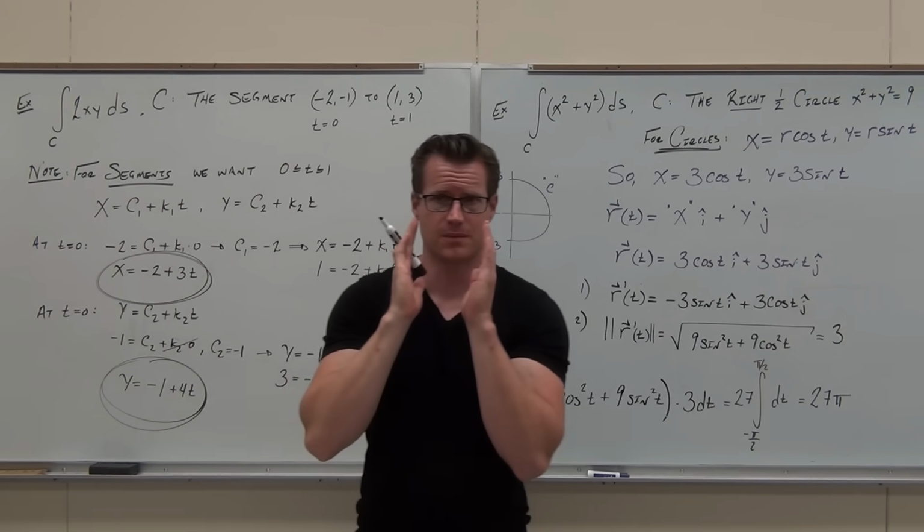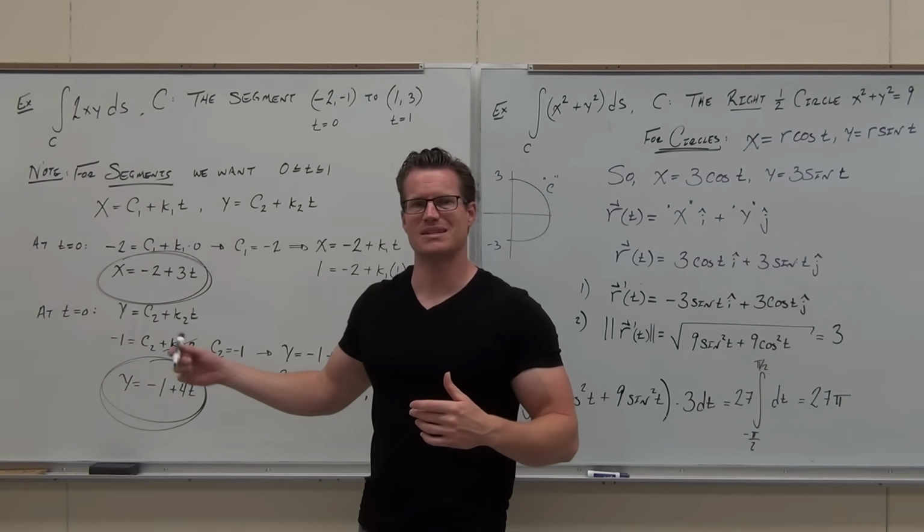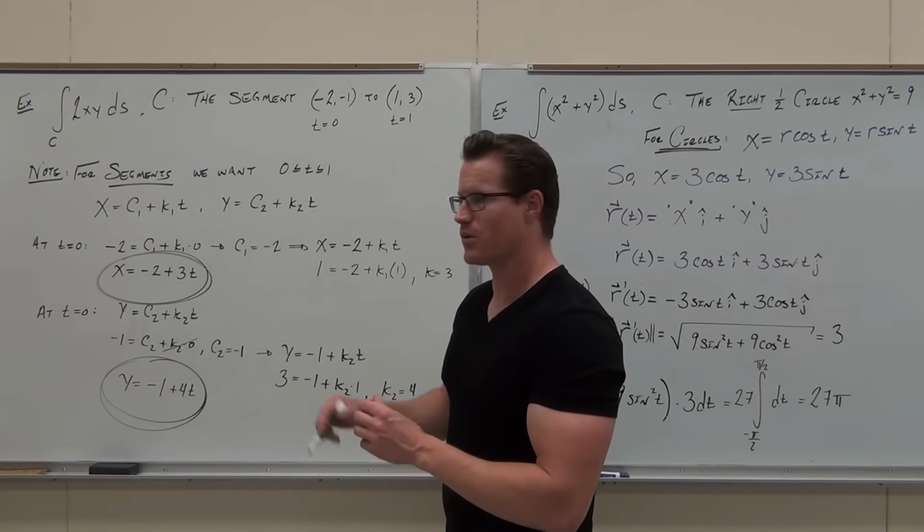Vector functions are very easy. X component I, Y component J. Hey, do you have something that's equal to X and Y? Can you please make for me the vector function right now? We're going to do it up here.